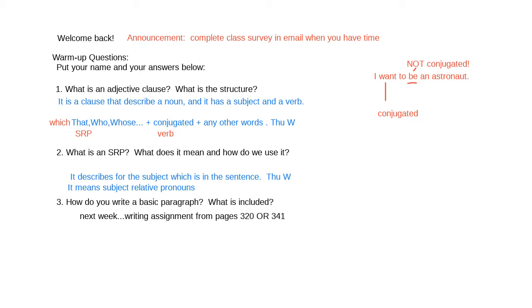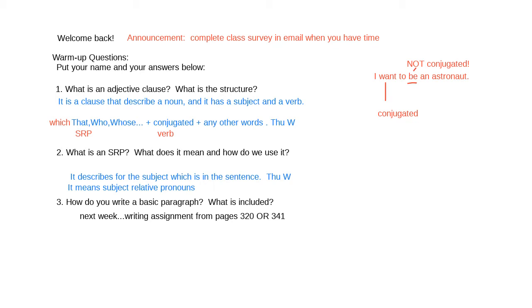So if I change the sentence and I say she, then I have to change the verb to wants, but I'm not going to change be. She wants to be an astronaut. I want to be, she wants to be, they want to be.